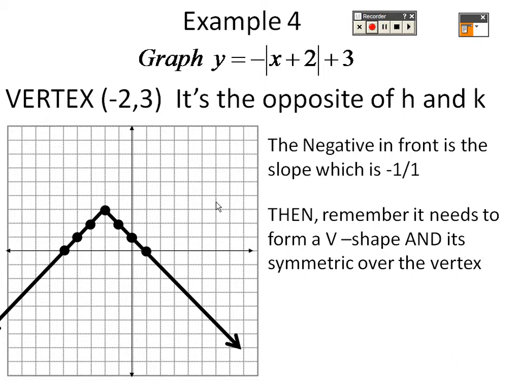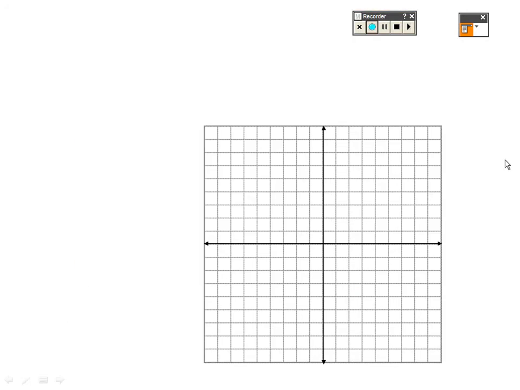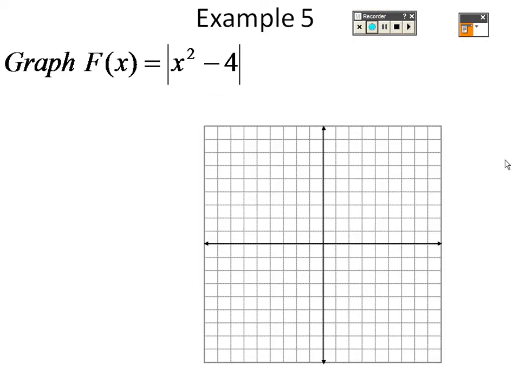And there's your v. Absolute values are always v-shaped. That's the slope telling you which direction it's going. It's going down. The vertex is the opposite of the inside and the outside. Easiest way, however, is to graph using a graphing calculator, so keep that in mind again.